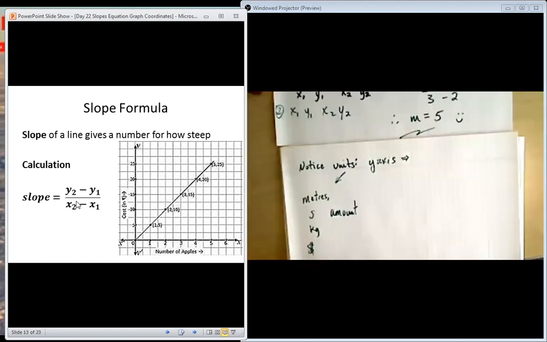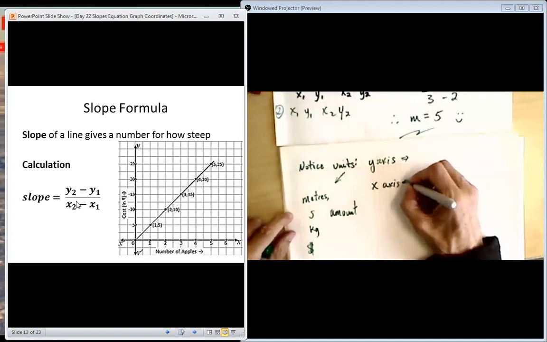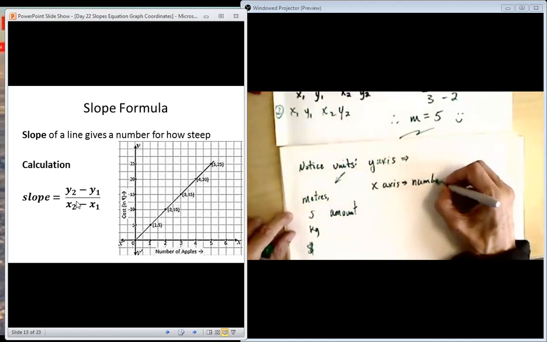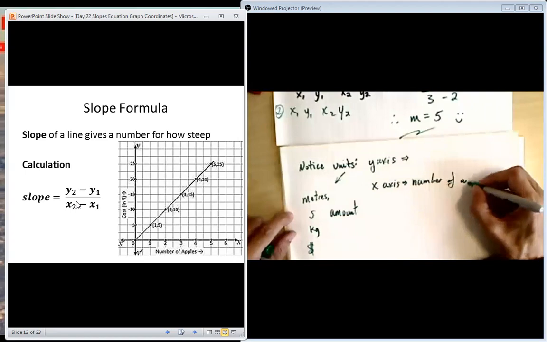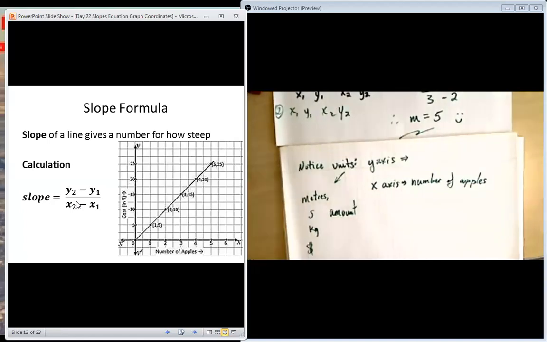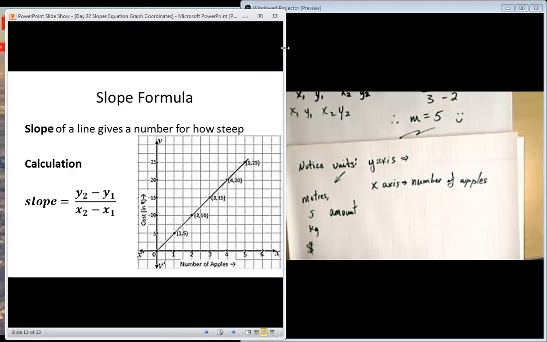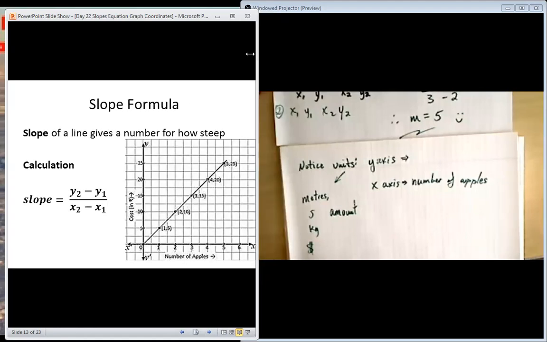Number of apples is part of it, and that's the one that's easy to read. That's the X axis, right? Number of apples. Cost.